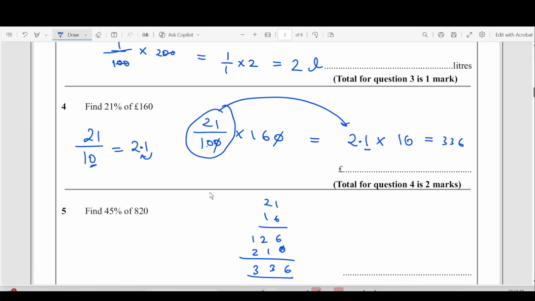Then you put a decimal after one digit. So you get 33.6 euros, right?